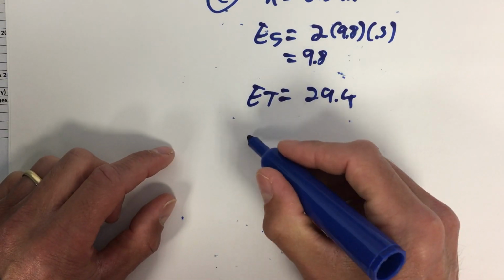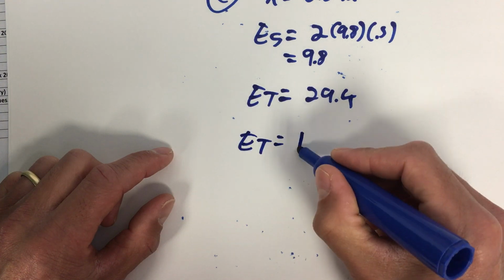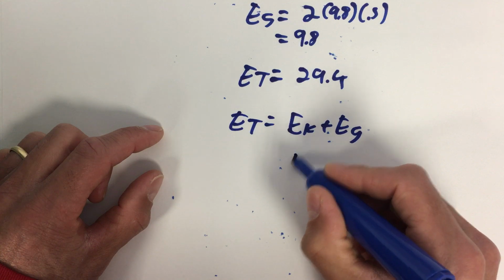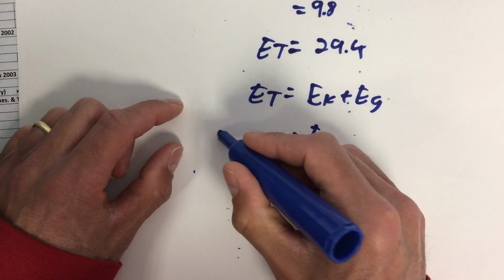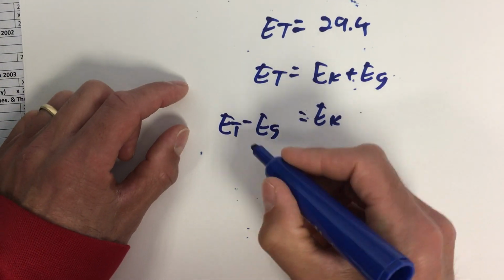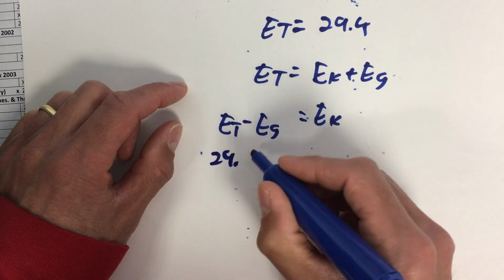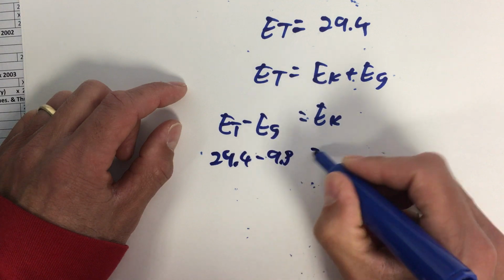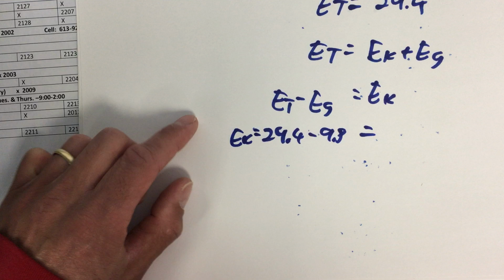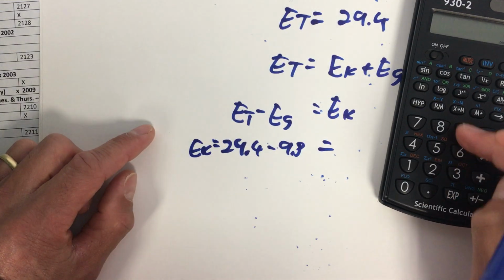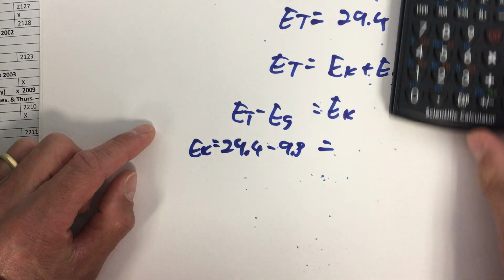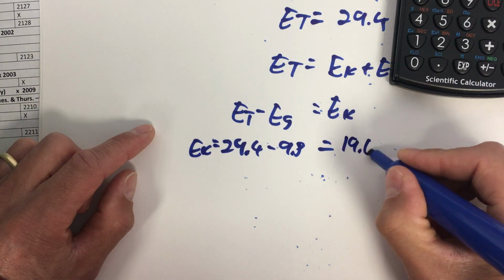So, knowing that the total energy is the kinetic energy plus gravitational energy, our kinetic energy is our total energy minus our gravitational potential energy. So it is 29.4 minus 9.8. It is 19.6.